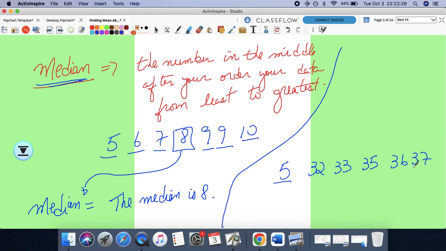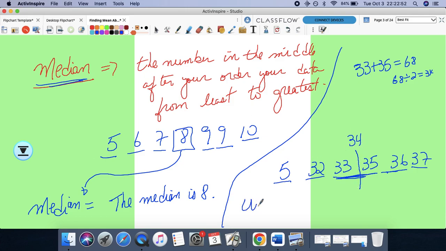So this and this goes away, this and this goes away. Right? And then we have, in this case, 2 numbers in the middle. So the number in the middle, how do we find them? You're going to do 33 plus 35, which in this case is going to be 68. And then 68 divided by 2 is 34.